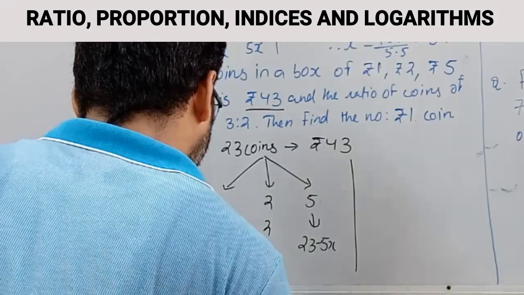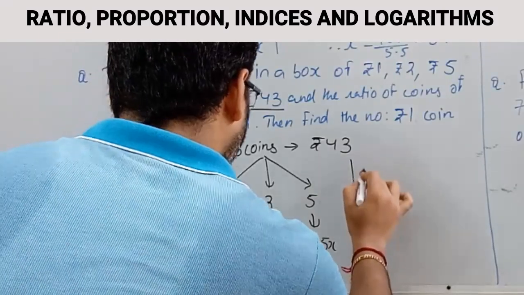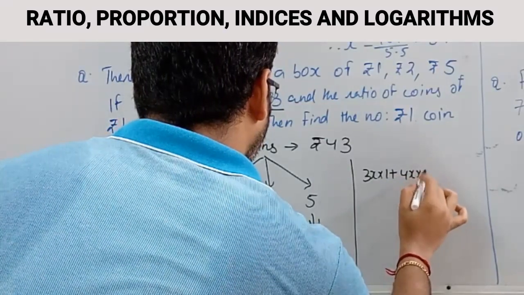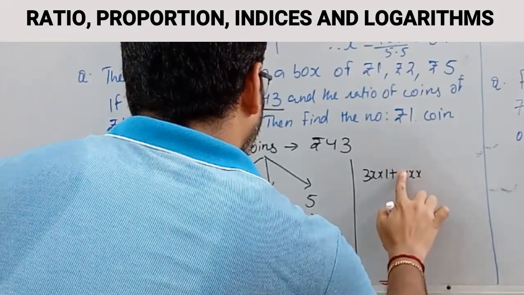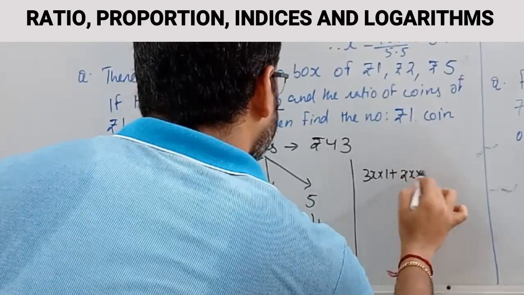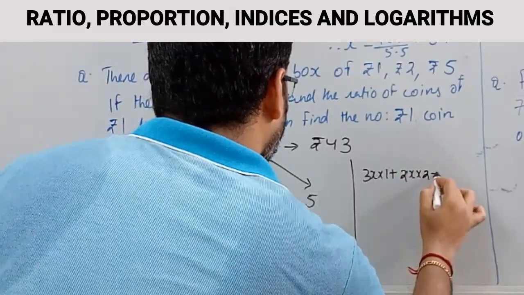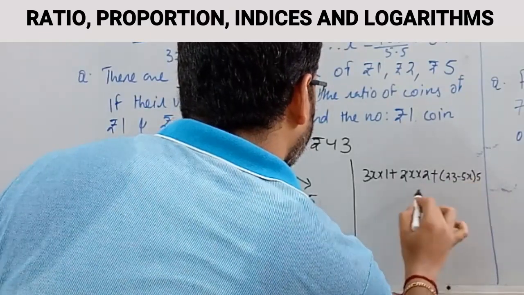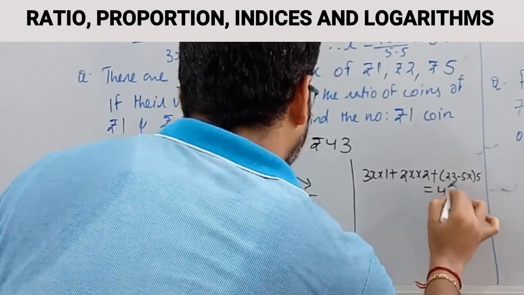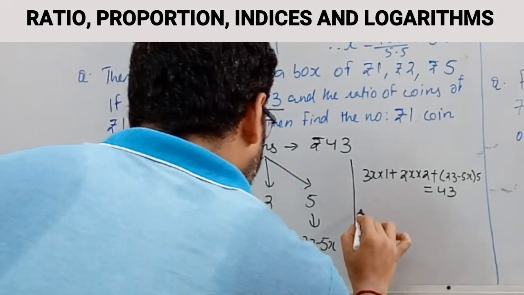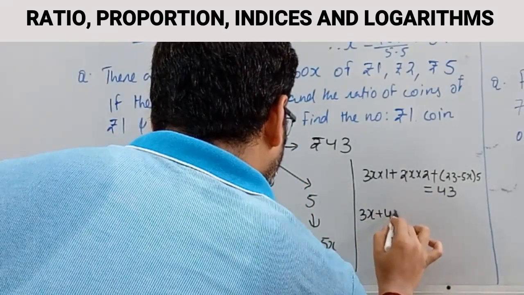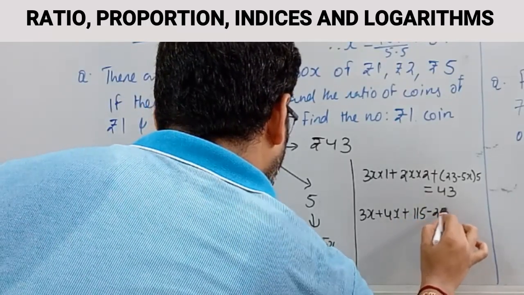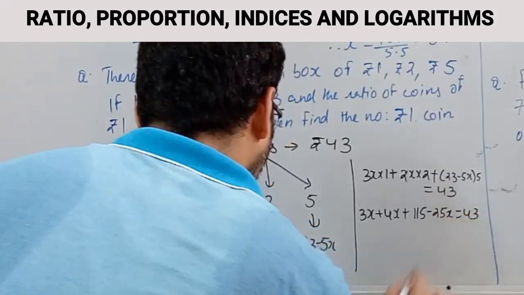Then computing the value: 3x into 1 plus 2x into 2 plus 23 minus 5x into 5 is equal to 43. That means 3x plus 4x plus 115 minus 25x equal to 43.